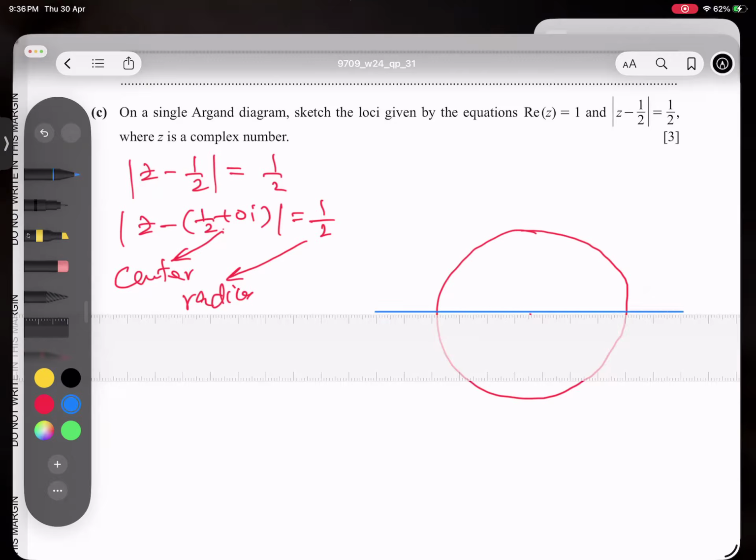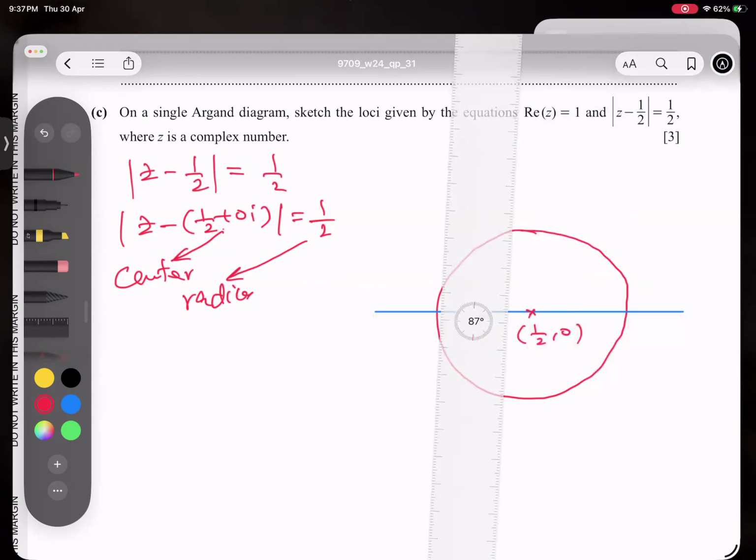And now I can guess from here, what is the radius? We can see a half. It means this distance is a half and this distance is half. And the center is also, we can see, half and 0. So 100% the y-axis is here.